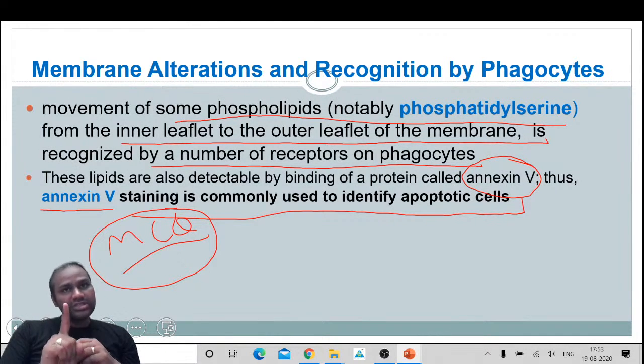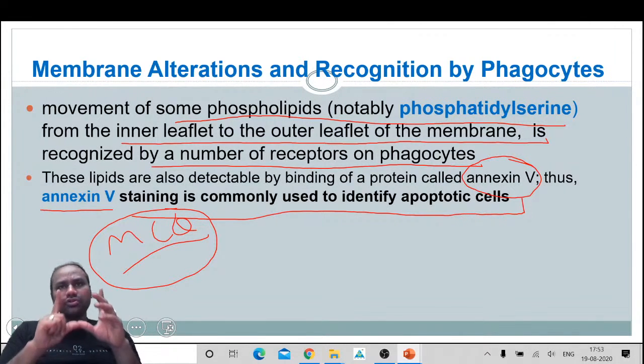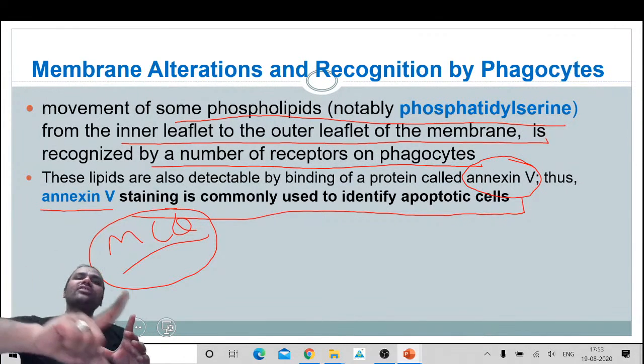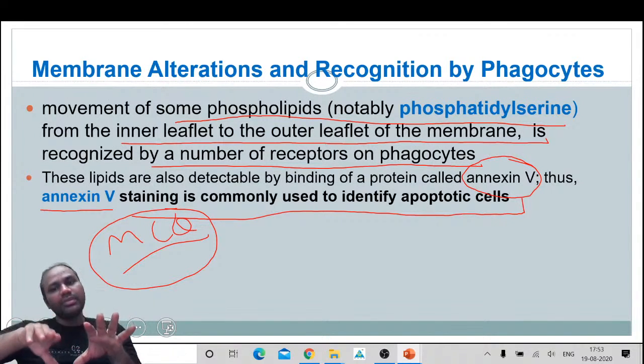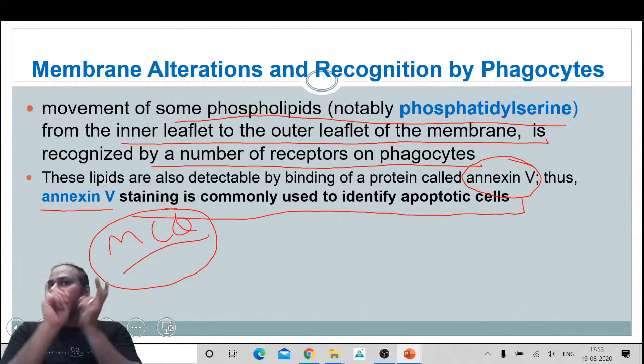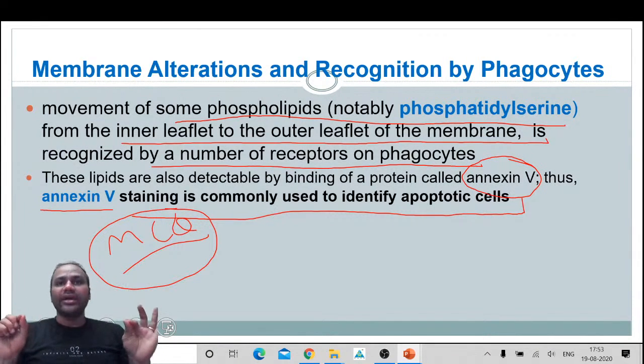But in necrosis also there is dissolution of the cell membrane, and hence the necrotic cell will also stain with annexin 5. Yes, it will also stain with annexin 5, though not like that of apoptosis, but yes, it will stain.